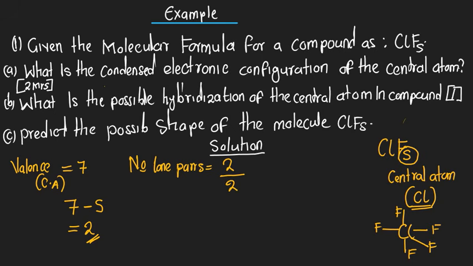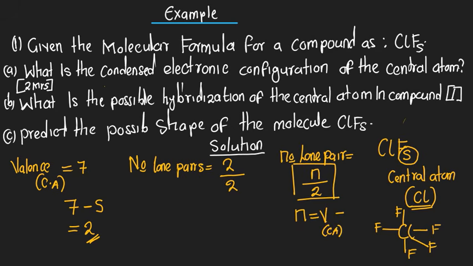So for the number of lone pairs, you use this formula, n over 2, where n is equal to the valency of the central atom minus the number of atoms attached to it, the other atoms that are remaining.